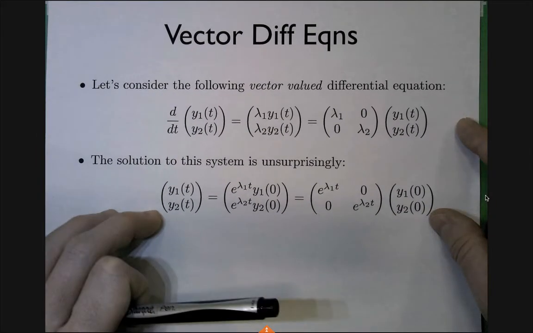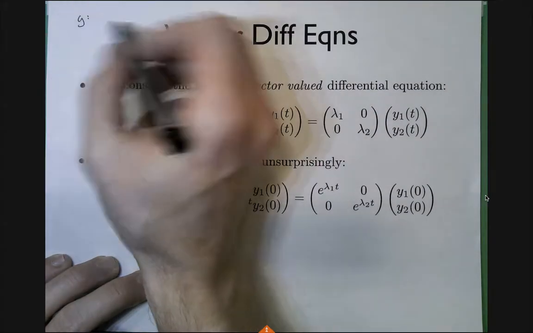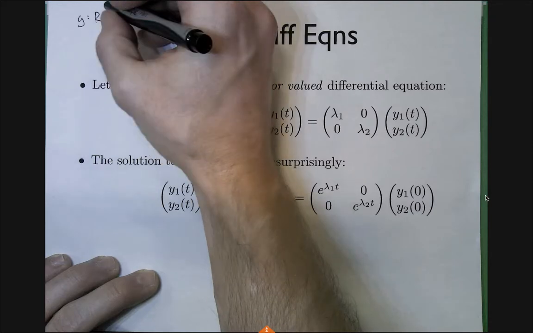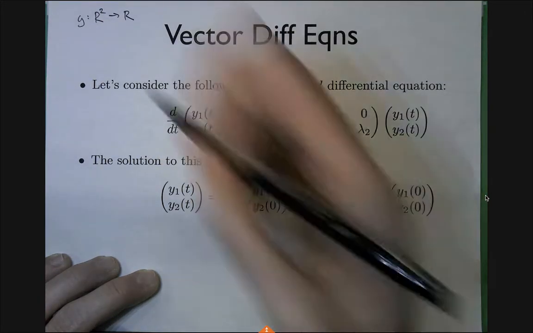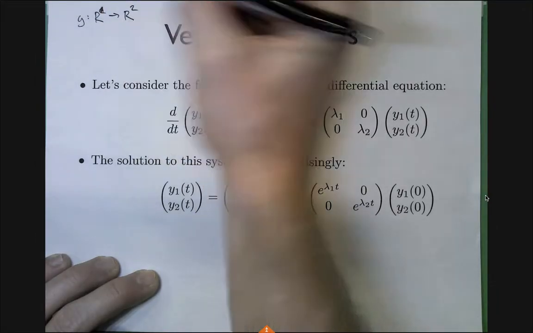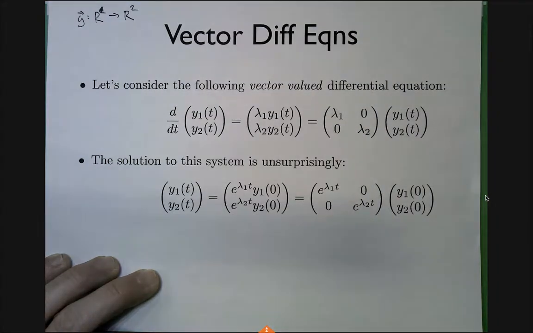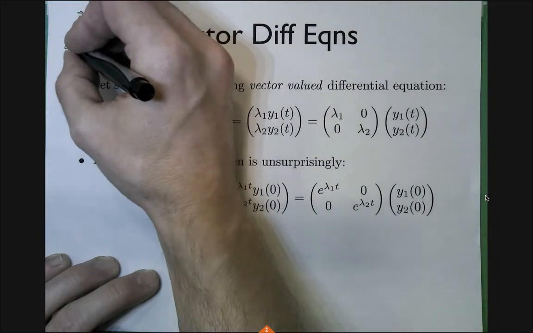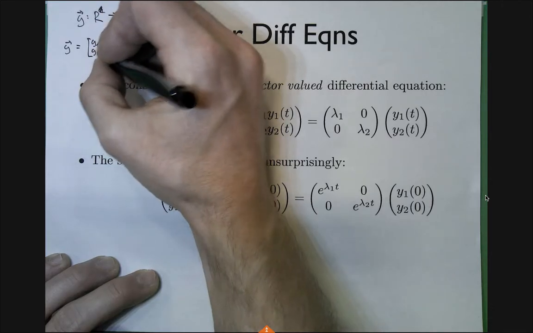So the idea is basically the same, except that the function we are looking for now, so we are again looking for a function, but this time we will be looking for a vector function, okay? So maybe I can denote it like this, that's a vector function. And you can look at it basically as a composition of two functions, y1 and y2.